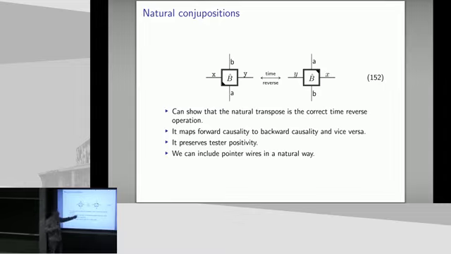And you can show that what it does is it transforms the forward causality condition into the backwards causality condition and vice versa. So it does exactly preserve double causality because those two conditions just get swapped. The proofs of this are in the book, but I think it's pretty clear by now that this sort of thing will be true.